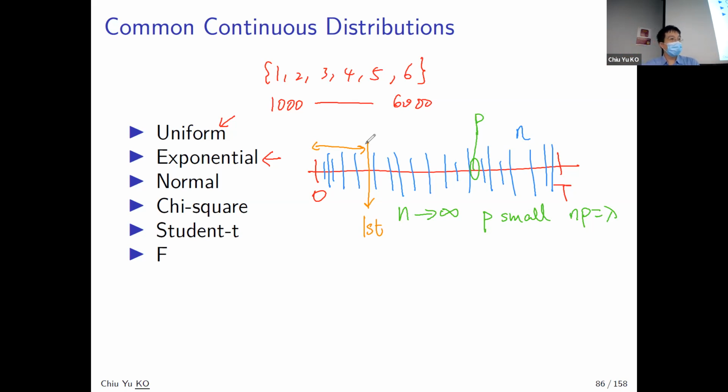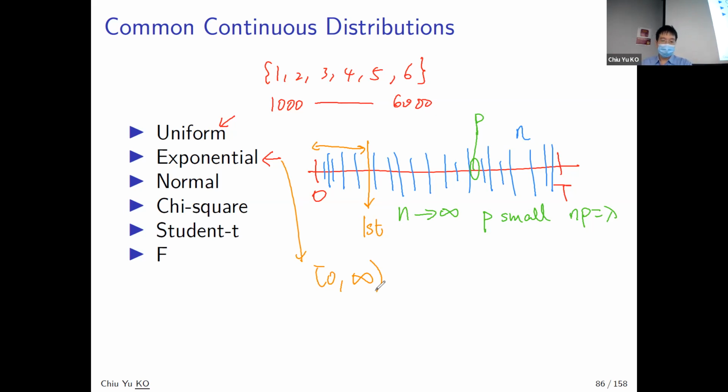And as I said, you may not have any event happen, right? So that's why the exponential support is just 0 to infinity, okay? We'll be more explicit later, right? But that is what it means. It can take positive values, and it is talking about the time until the first event happened, okay?